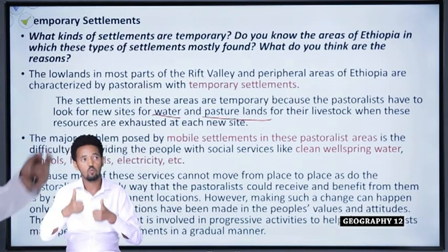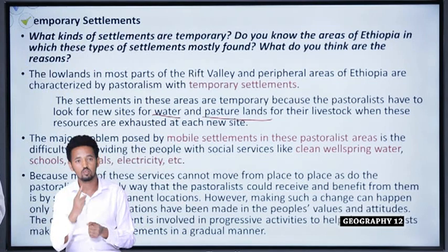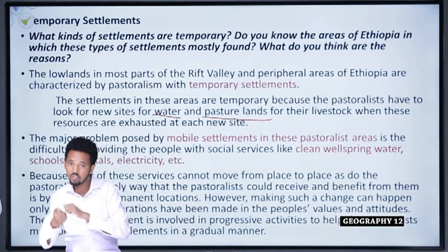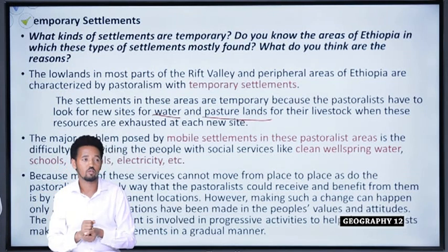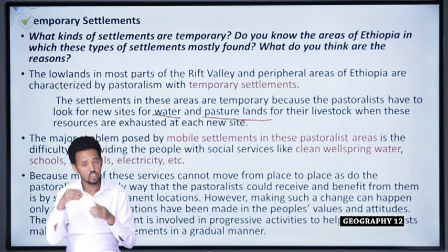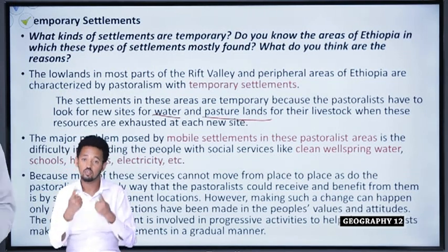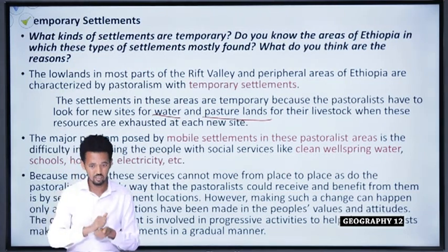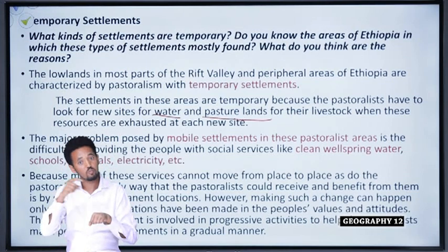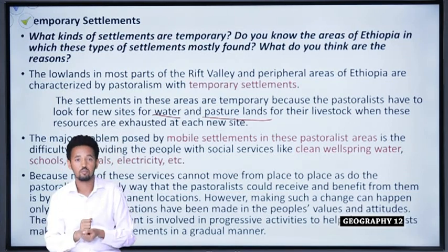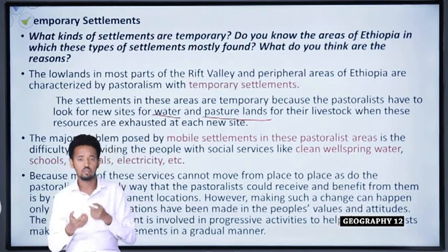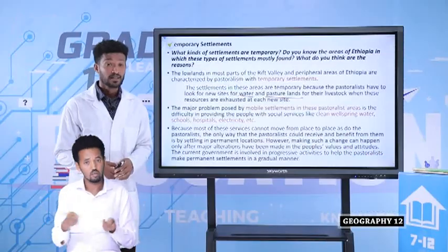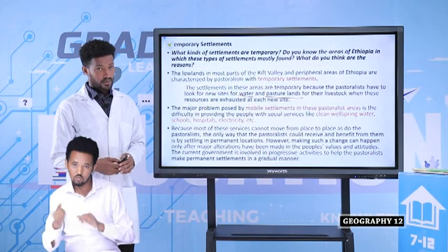When the resources are exhausted at each new site, they change their homes. In short, in the temporary settlement type, people change their home from time to time. As their cattle or livestock change their areas, the people also change their homes.